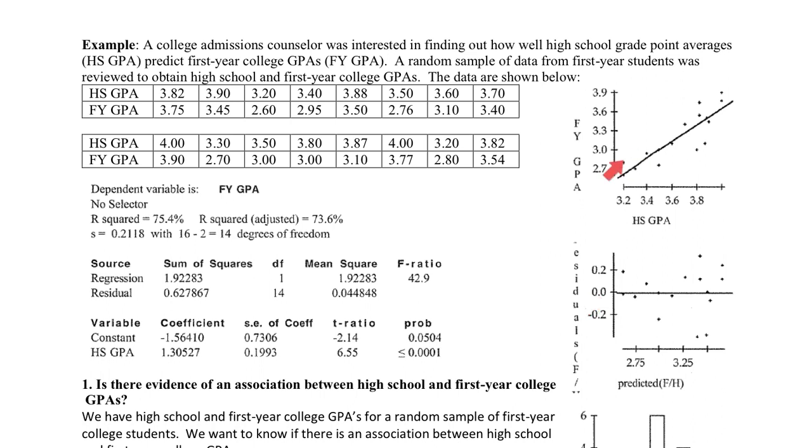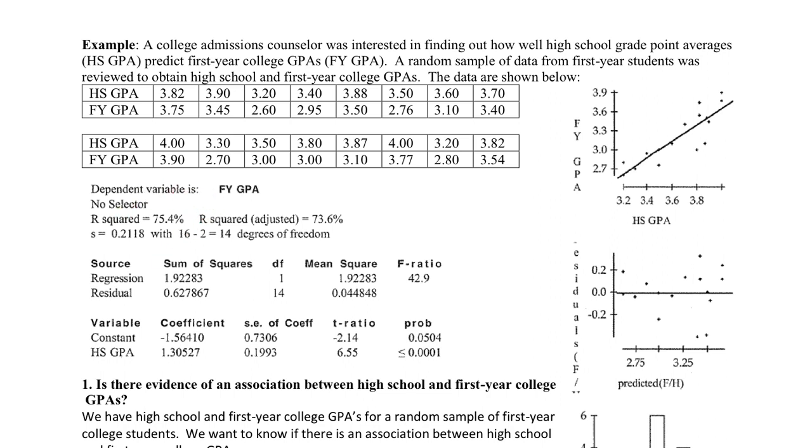Remember, the residual plot is the distance of each one of these points to your regression line. So this point right here is probably this point right here, so that's the distance back to that line. We can see there's no pattern here, so we would say this is a linear fit.